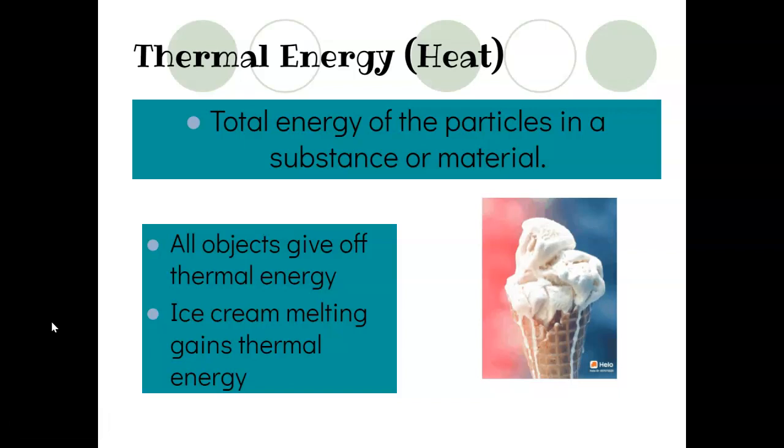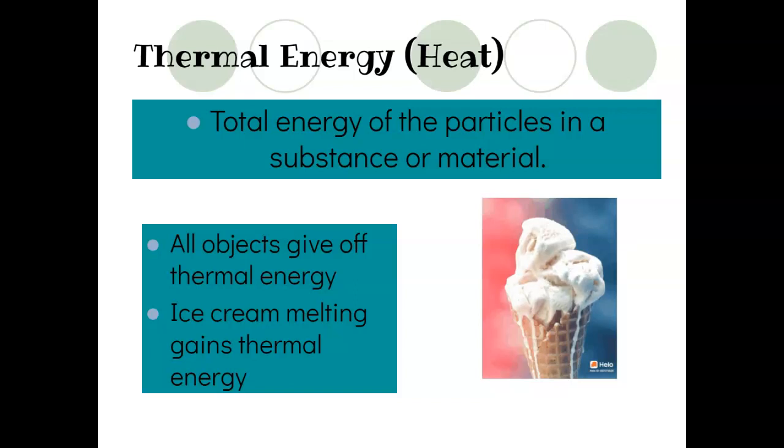Thermal energy, you've probably heard of this before, especially with sleeping bags or camping gear, maybe in the winter, if you have a jacket that has thermal technology. Thermal energy is just going to be referring to heat. This is the total energy of the particles in a substance or a material.